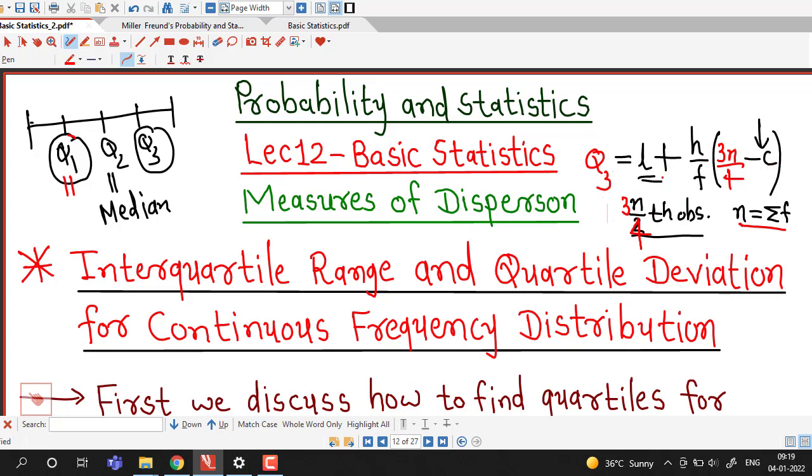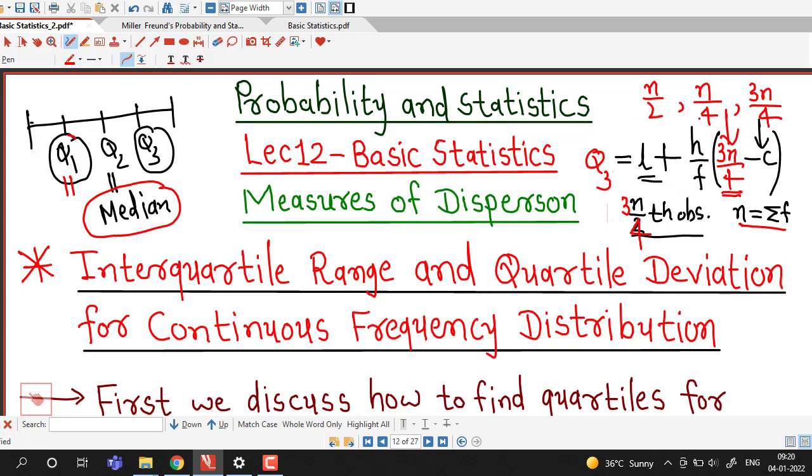So if you have understood the method of finding median which we discussed in the earlier lecture, then formulas for first and third quartile are also similar. In the formula of median, we write N by 2. For first quartile, we write N by 4, and for third quartile, we write 3N by 4. That is the only change in the formula.